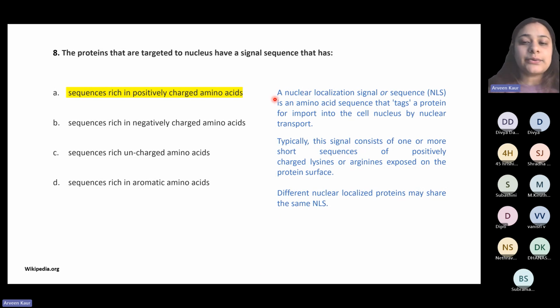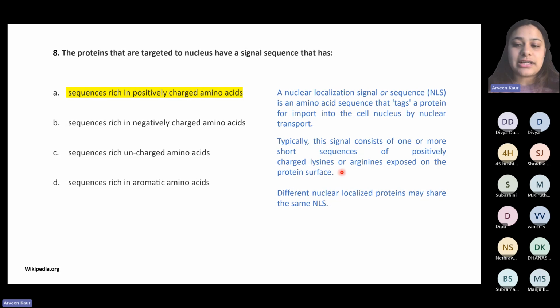A nuclear localization signal or sequence, that is NLS, is an amino acid sequence that tags a protein for its import into the cell nucleus by nuclear transport, right? Typically, this sequence consists of one or more short sequences of the positively charged lysines or arginines exposed on the protein surface. Also, different nuclear localized proteins may share the same NLS, right?